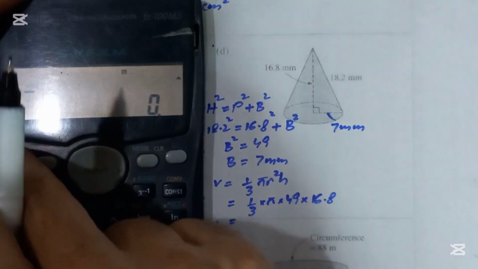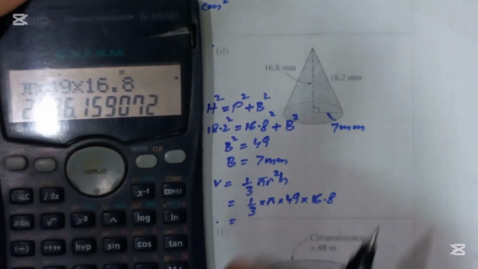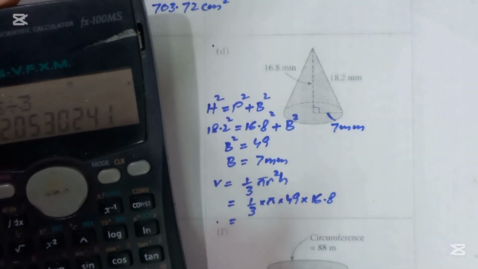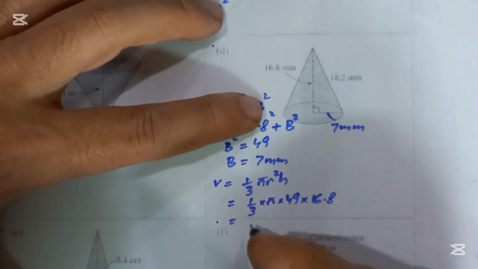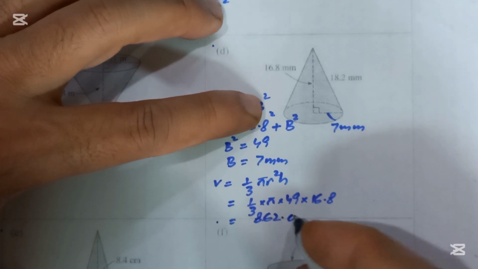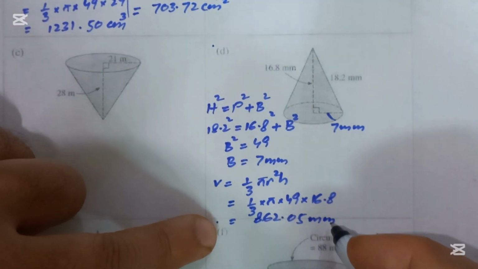Pi multiplied by 49 multiplied by 16.8, divided by 3. So the answer is 862.05. The unit will be millimeter cube.